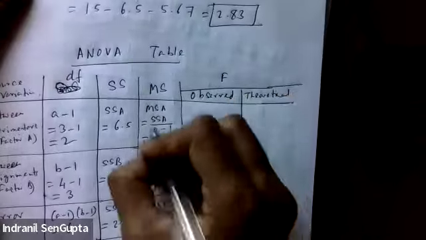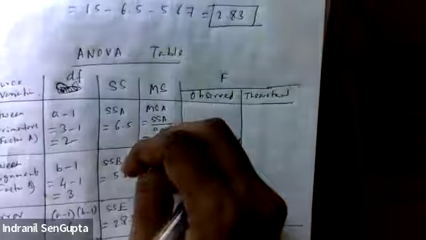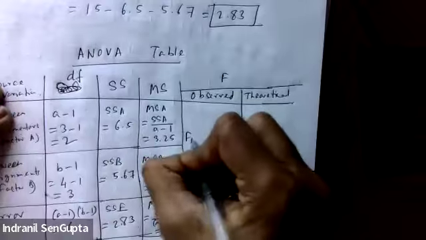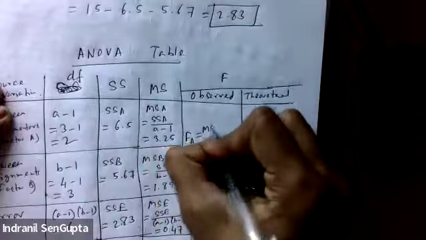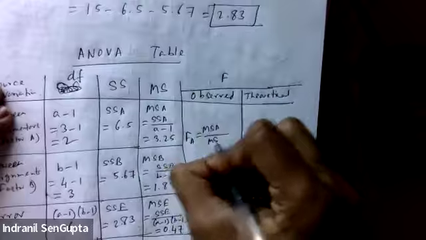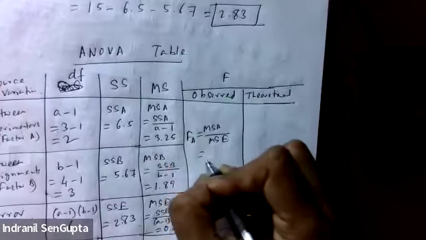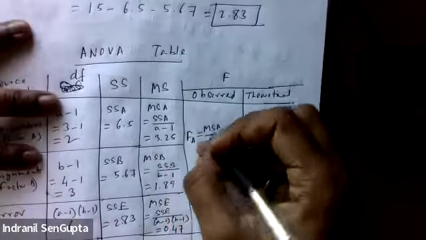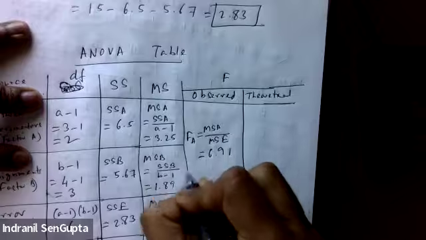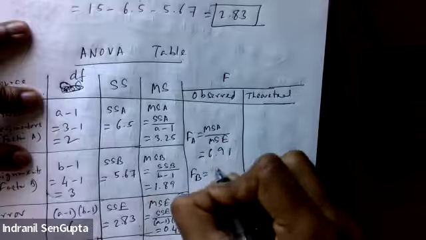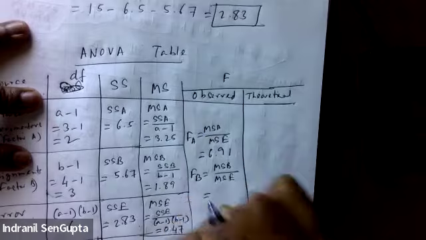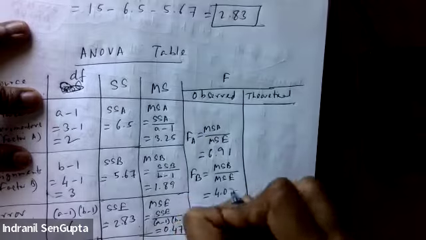FA is MSA over MSE, which is 6.91. And FB, which is MSB over MSE, is 4.02.